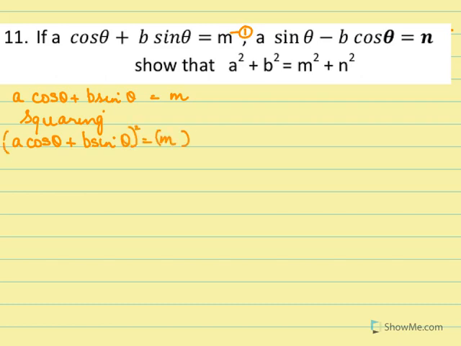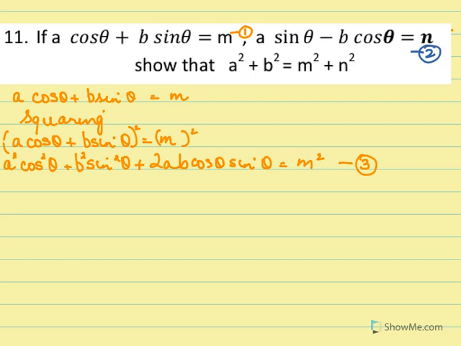So square on both the sides. a plus b the whole square, a square plus b square plus 2ab, and that is m square. So I'll put this as equation 3.